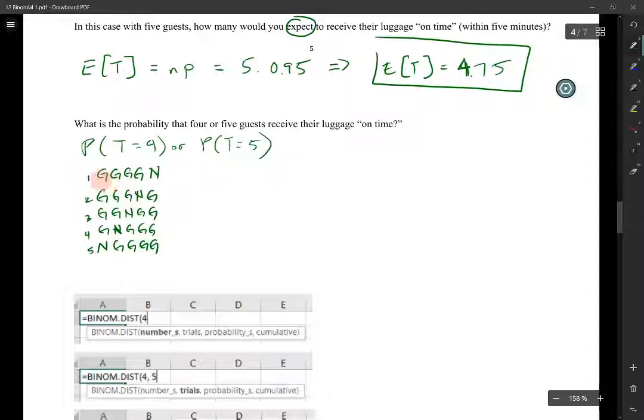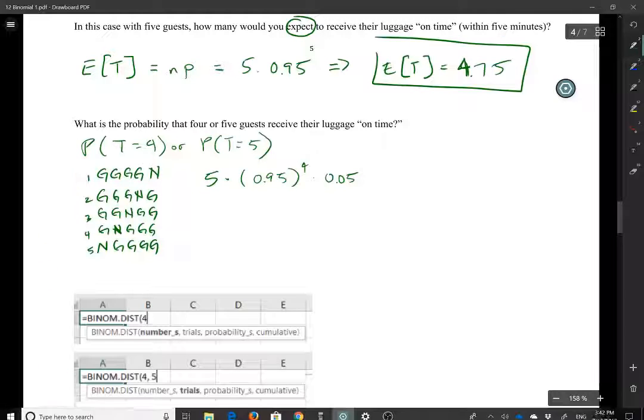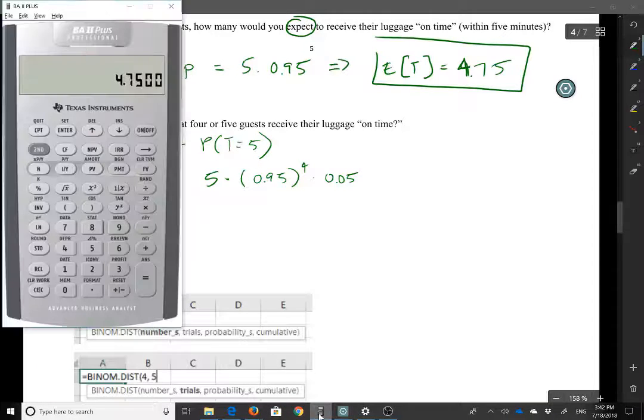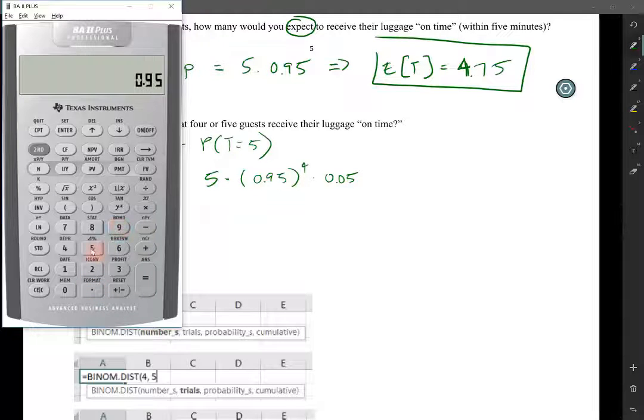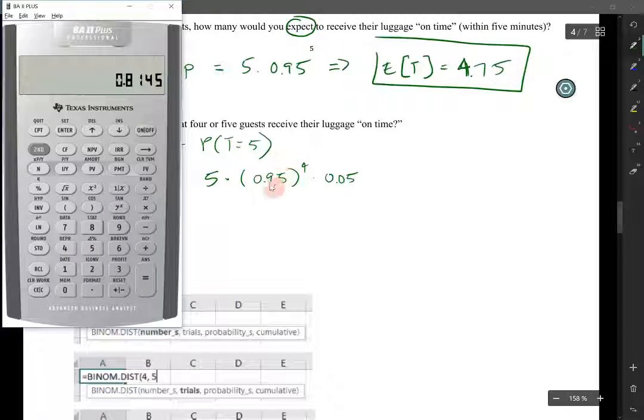Okay, so it's really going to be 5 times 0.95 to the 4th power times 0.05 to the first power. So if we do the 0.95 and then the 4, now we have this piece.